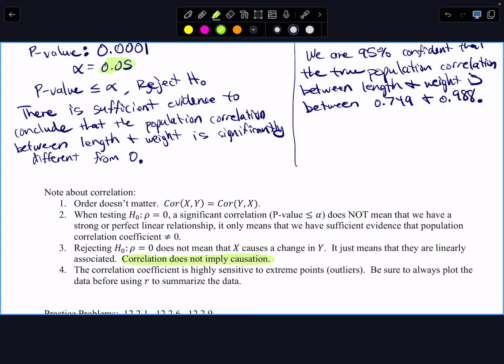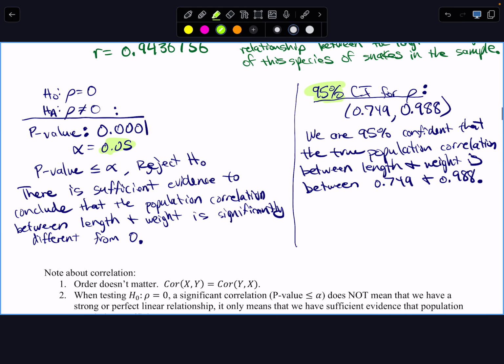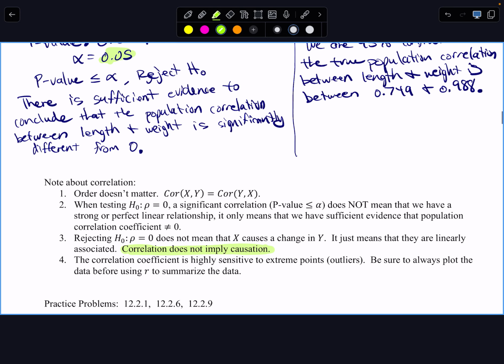And then the last piece is your correlation coefficient is highly sensitive to outliers. All right? So if you ever plot your scatter plot and most of your data are strongly related, or it looks to be strongly related, but you have some extreme observation that's off the pattern, that single observation is going to have a lot of influence on the results of your correlation coefficient.